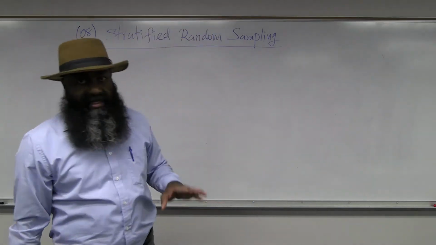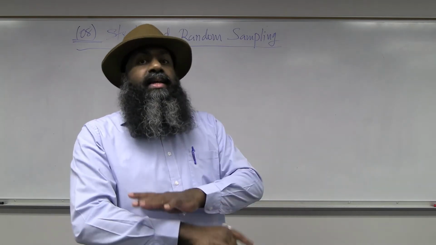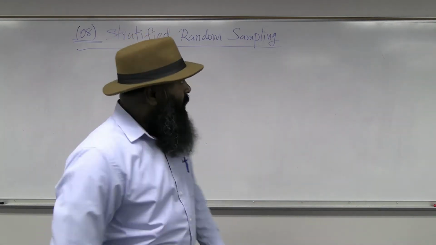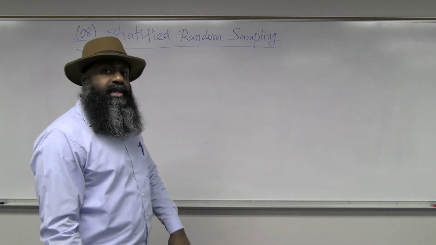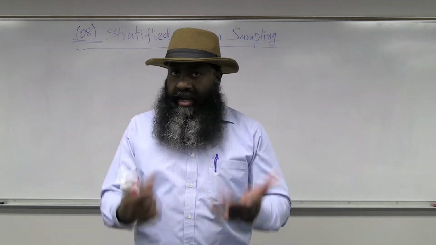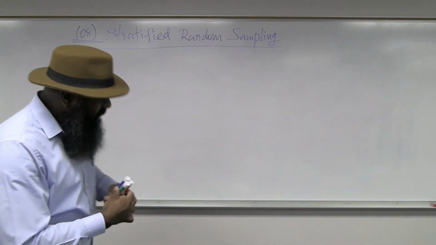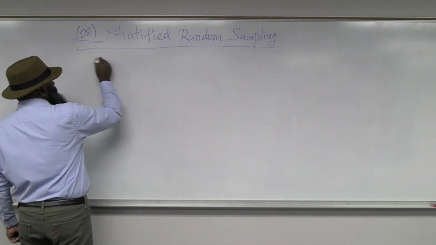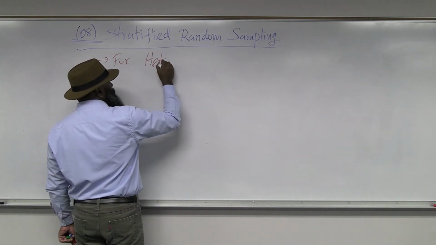If you ever see SRS, it only stands for simple random sampling in all statistical literature. Now, stratified random sampling is used to take a sample from a heterogeneous population. So that's the first thing I will write here: for heterogeneous populations.